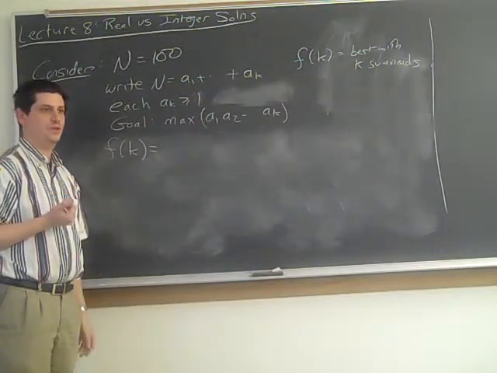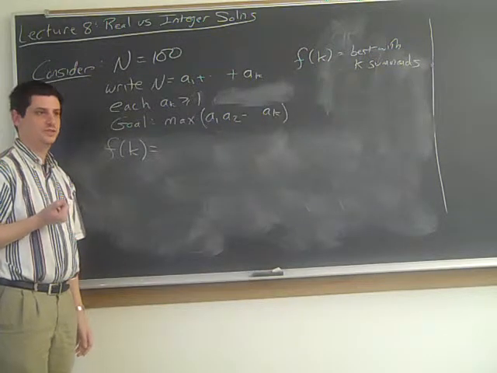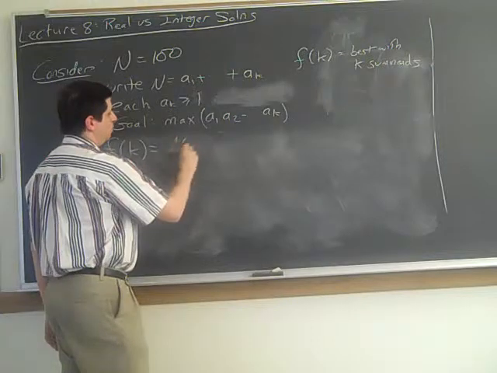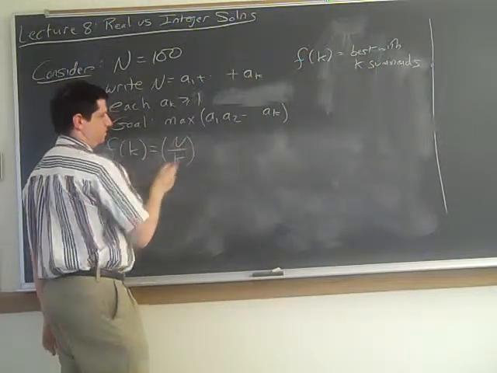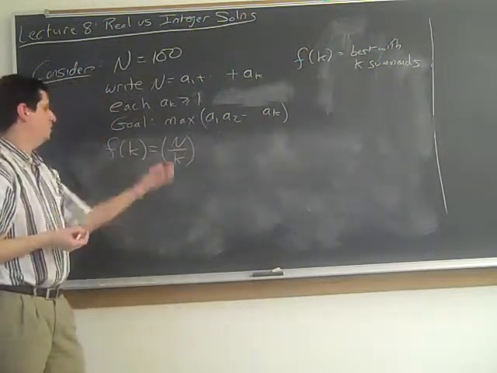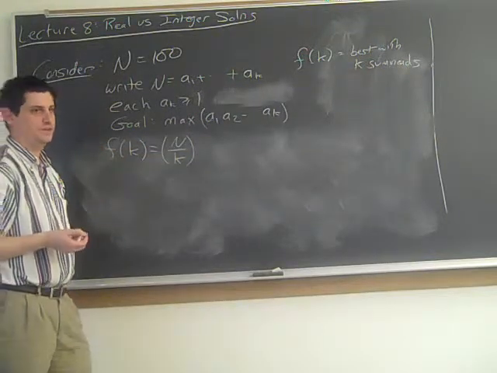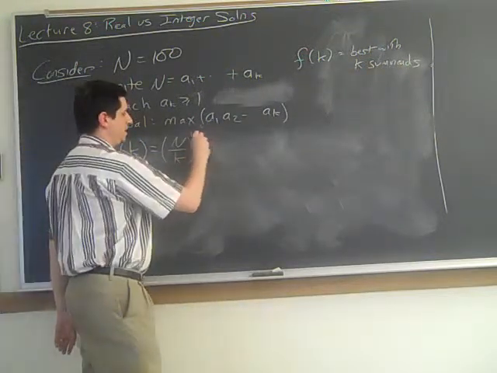So what would be the value? A1 equals A2 equals 100 over k. If we want to do the 100, it would be 100 over k. The more general case is n over k. And then we just raise it to the k power.